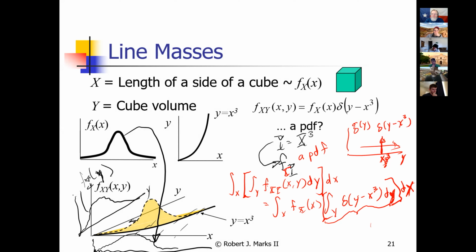What's the area of this always going to be? 1. It doesn't matter where that Dirac delta is centered. It's going to have an area of 1 if we integrate from minus infinity to infinity. So all this integrand here is equal to 1.